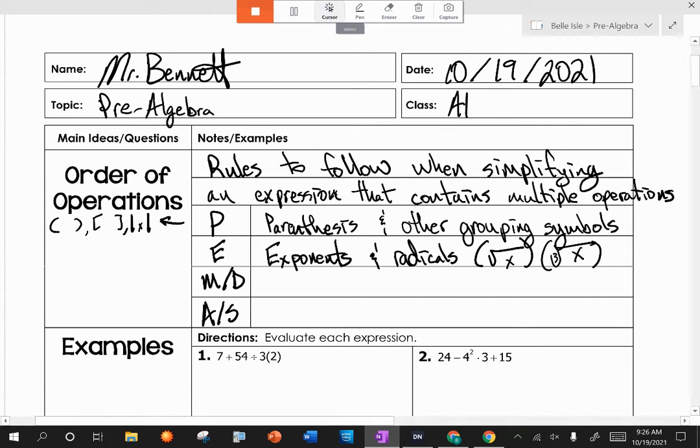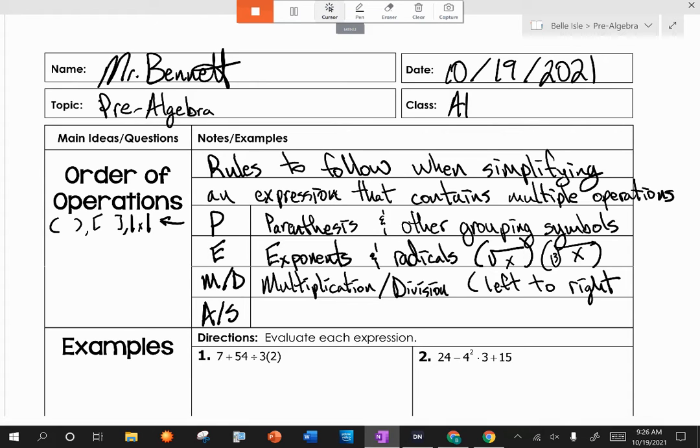Okay, the M and the D. Multiplication and division. Okay, the important thing to remember with these is you work these left to right. And like I've said this before, maybe not to this class, but definitely to algebra.